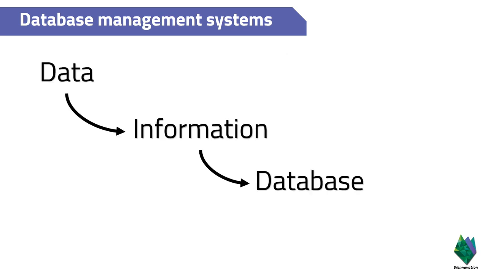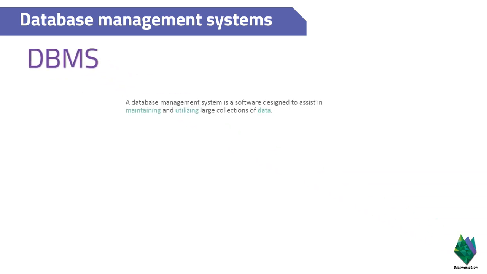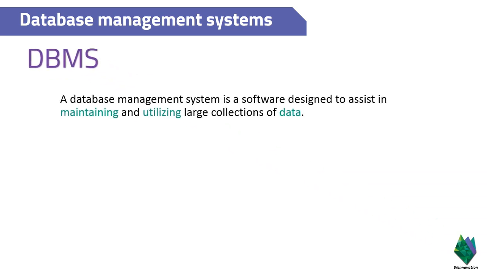Now obviously all those algorithms and functions that can be performed on that data structure need to be implemented in some sort of software. This is where database management systems come in, because a database management system provides us with the utility of editing and updating data. A database management system is a software designed to assist in maintaining and utilizing large collections of data.